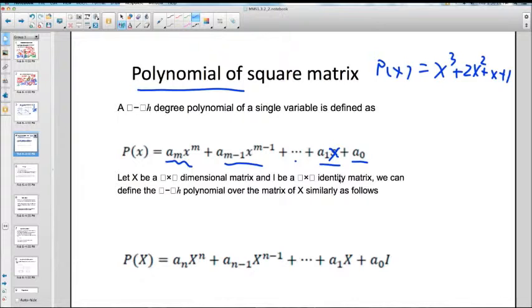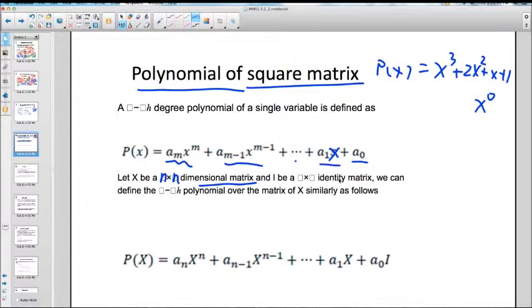And each of these are made by 1, 2, 3, 4 of the power function, including the constant that you can think as x to the 0 power. Now we can define the polynomial of a square matrix. What you are doing is, instead of looking at a number, this time your capital X is an n by n dimensional matrix.